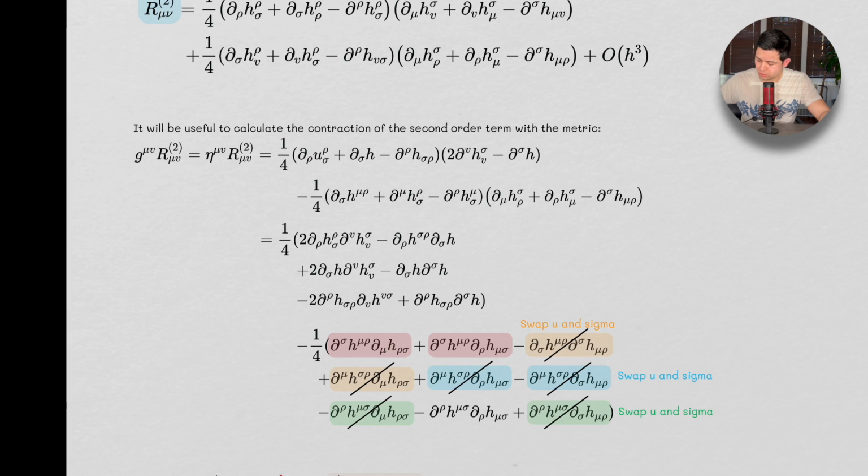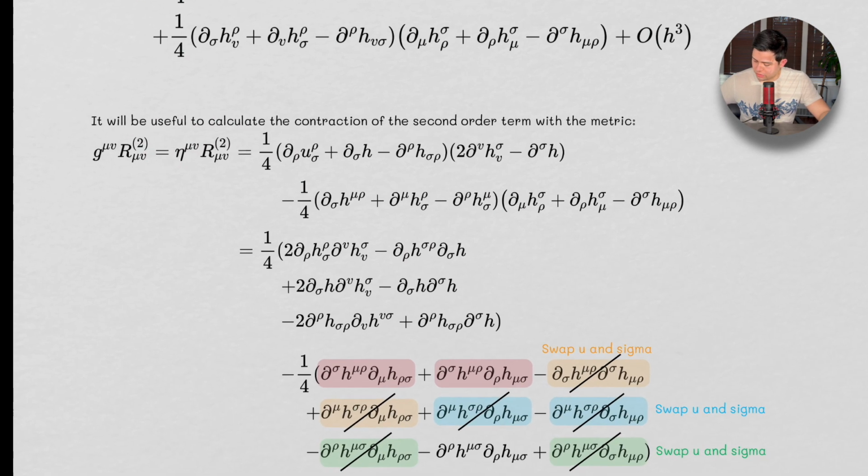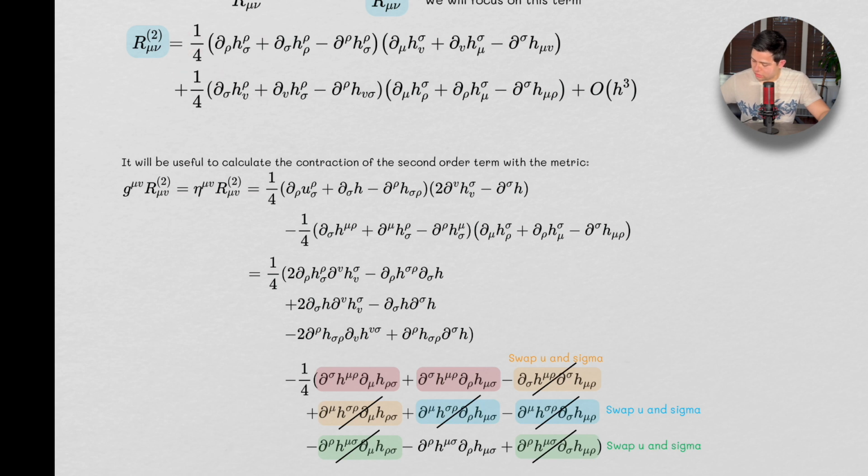Alright, so we can raise and lower indices, right? So this is our equation. When we raise and lower indices, we'll see this here was just the trace. We can raise sigma, or no, we're not raising sigma, right?